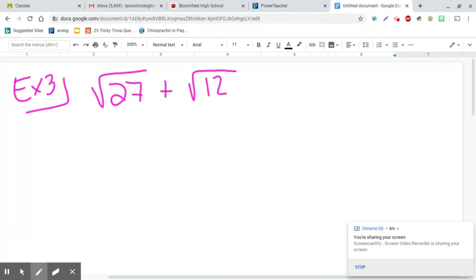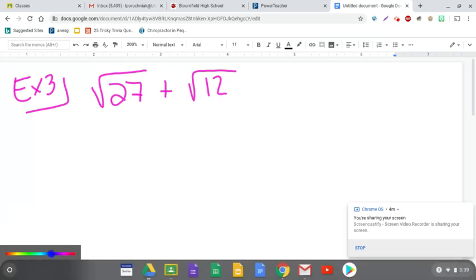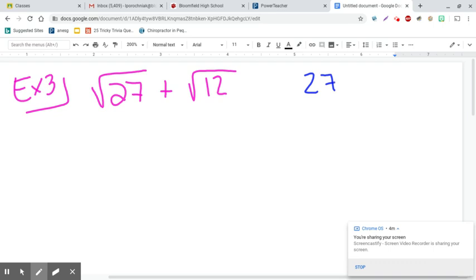Now, they have the same indexes, right? But they don't have the same radicands. But what do we know about 27 and 12? Unlike the 5 and the 3 that we used, which were both prime numbers and couldn't be simplified, these can both be simplified. So we're going to break down 27 and we're going to break down 12.